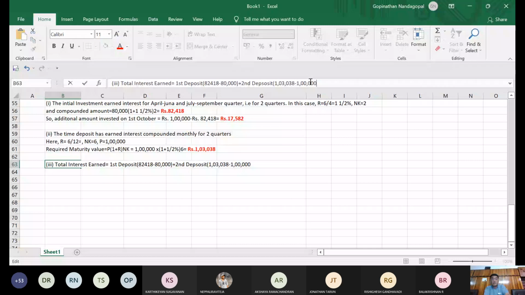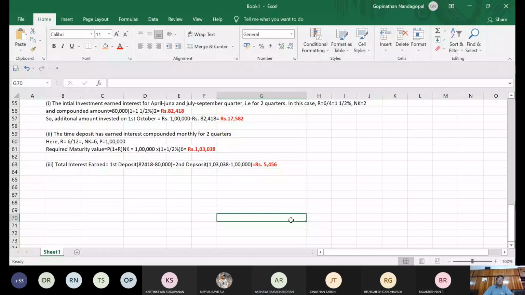First deposit 82,418 minus 80,000. Second deposit 1 lakh 3,038 minus 1 lakh is equal to how much? How much do you get? 5,456, sir. That's all. Now, are you clear with this problem? Yes, sir.